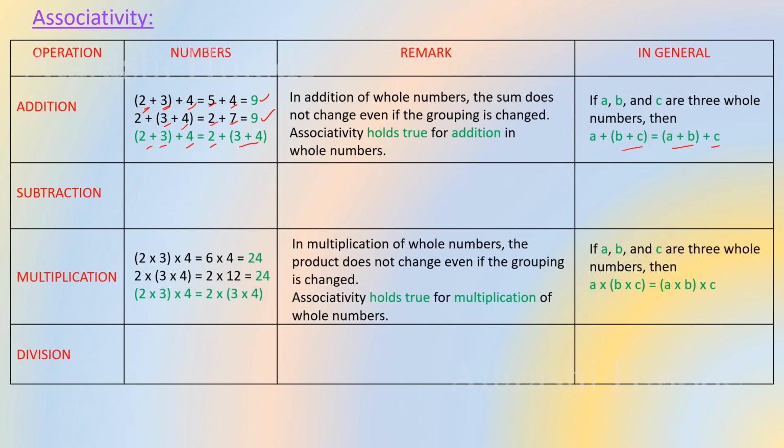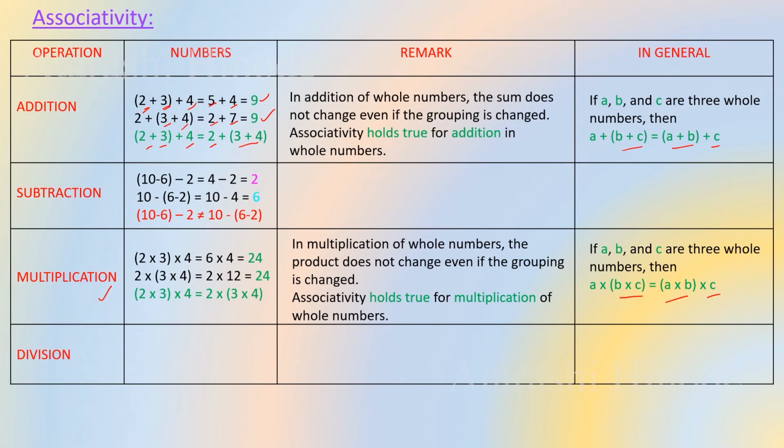Same is for the multiplication also. If a, b and c are three whole numbers, then (a into b) into c equal to a into (b into c). But for subtraction and division, when grouping is changed, we get different answers.